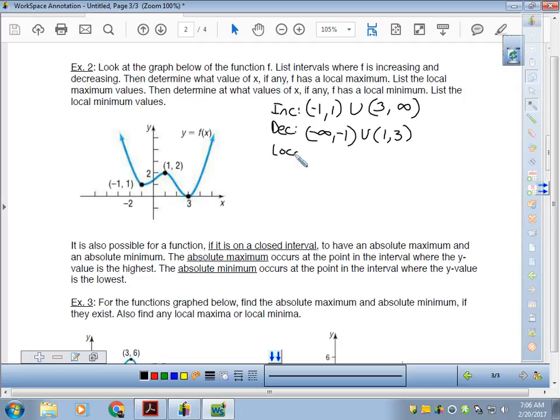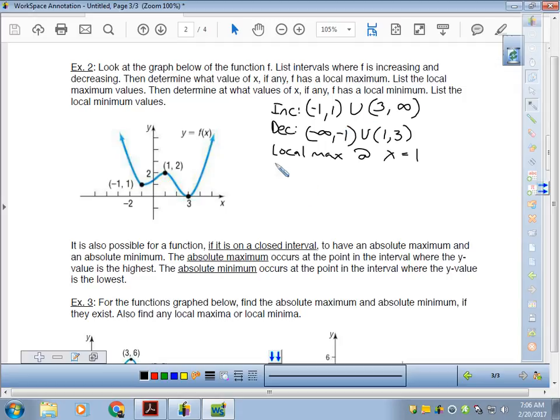The next part asks us to figure out where we have a local maximum, at what x value. So, when we look at the graph, we want to see, are there any places where the graph changes from increasing to decreasing? And there is one spot, this spot right here. It goes increasing, and then it goes decreasing. So that spot right there is a local maximum. So it happens at x equals 1.